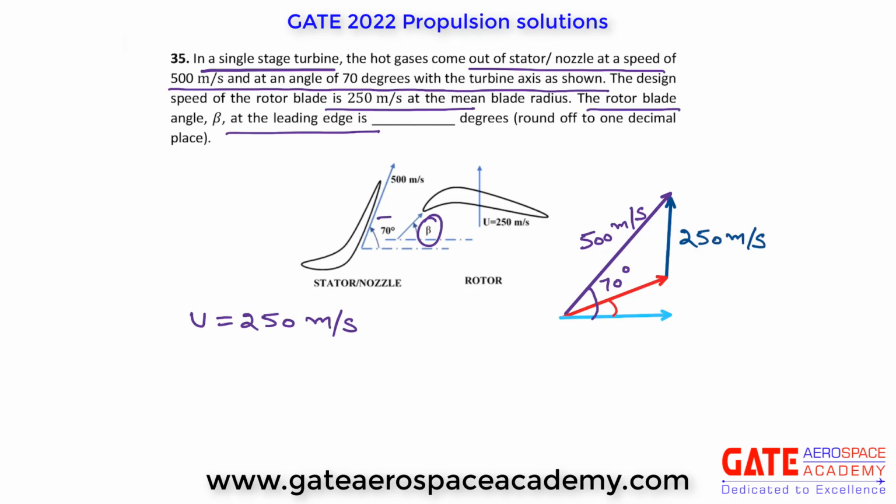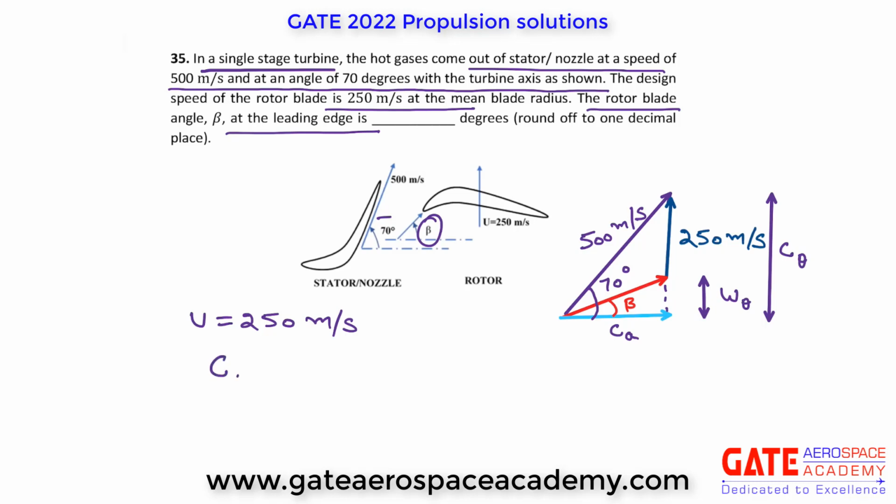This angle is beta. We have to find it out, right? This is axial velocity CA. So this is C theta. We already know this is C theta, and this much is W theta, right?